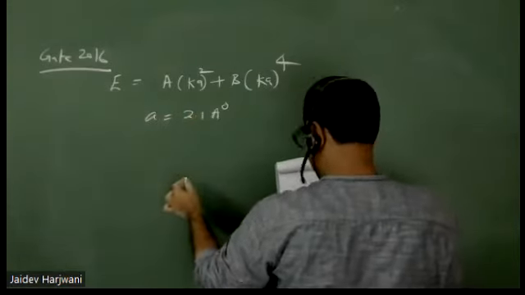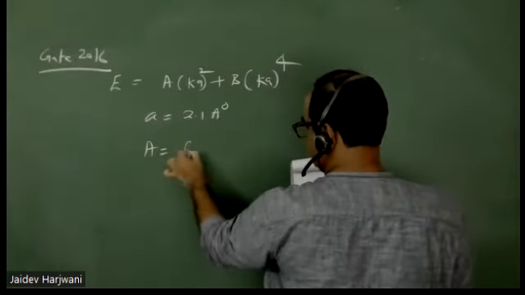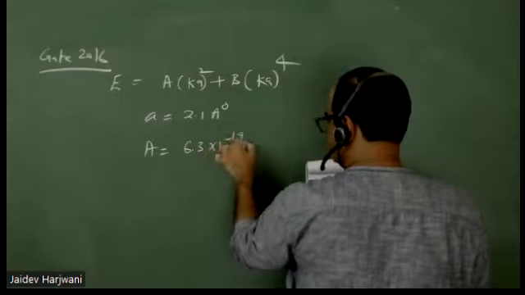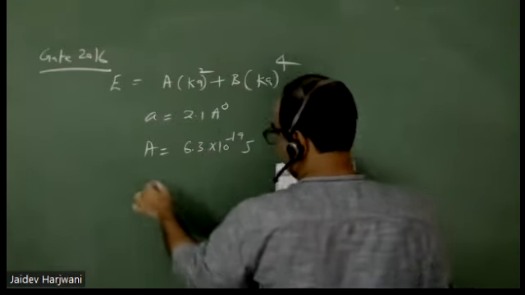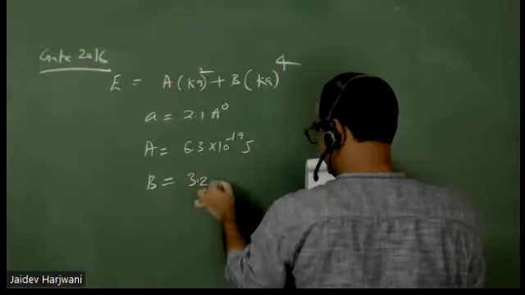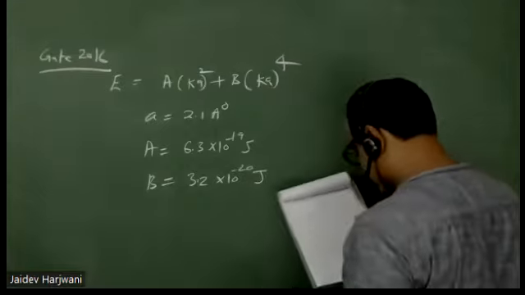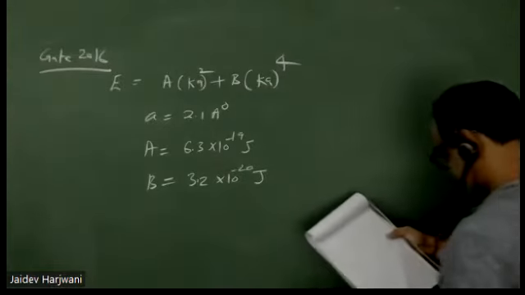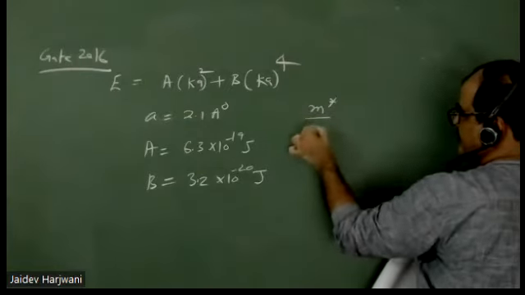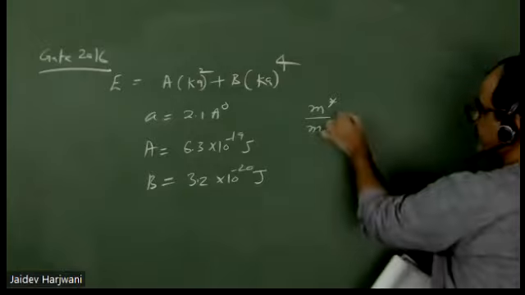A is also a constant whose value in energy units is 6.3 into 10 raised to power minus 19 joule, and B is 3.2 into 10 raised to power minus 20 joules. You are asked the ratio of effective mass to free electron mass. This ratio you have to calculate.